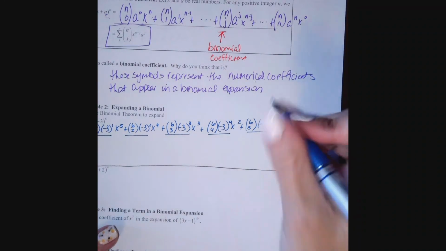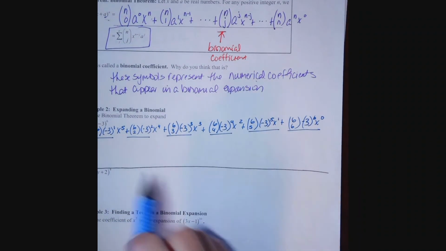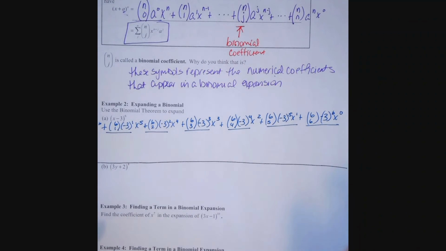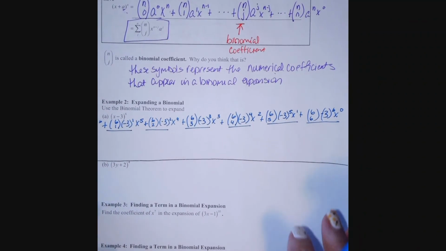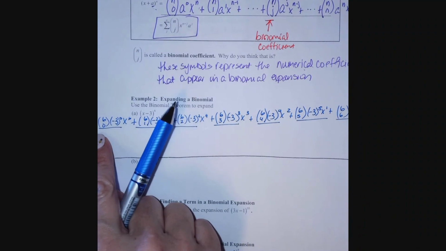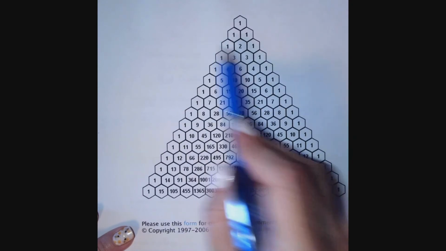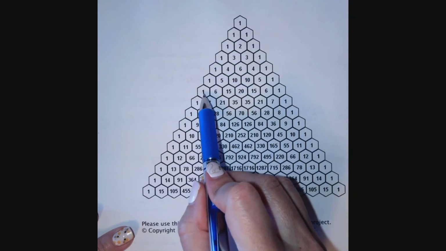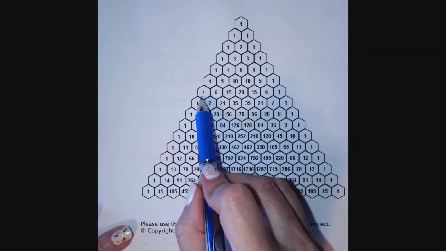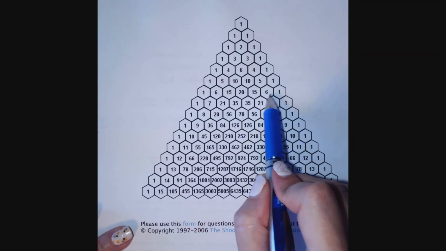So on each term, the exponents add to the power of the expansion, in this case 6. Okay, so this binomial coefficient, again, you can work it out using either your formula for combinations, or you can look at the n equals 6 row of Pascal's triangle, so that your binomial coefficients are going to be 1, 6, 15, 20, 15, 6, and 1.